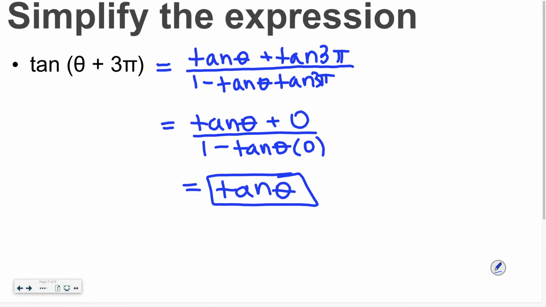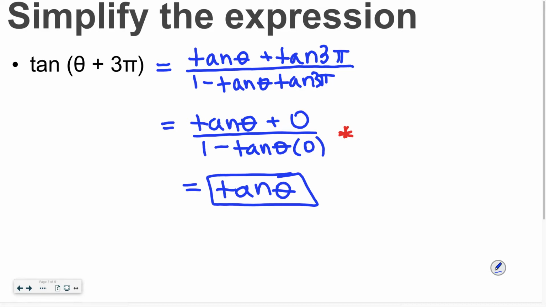So the tangent of theta plus 3 pi is the same as the tangent of theta. There you have it. Now, this is like the third example we've seen where we've had to evaluate inside of our function or inside of our work.